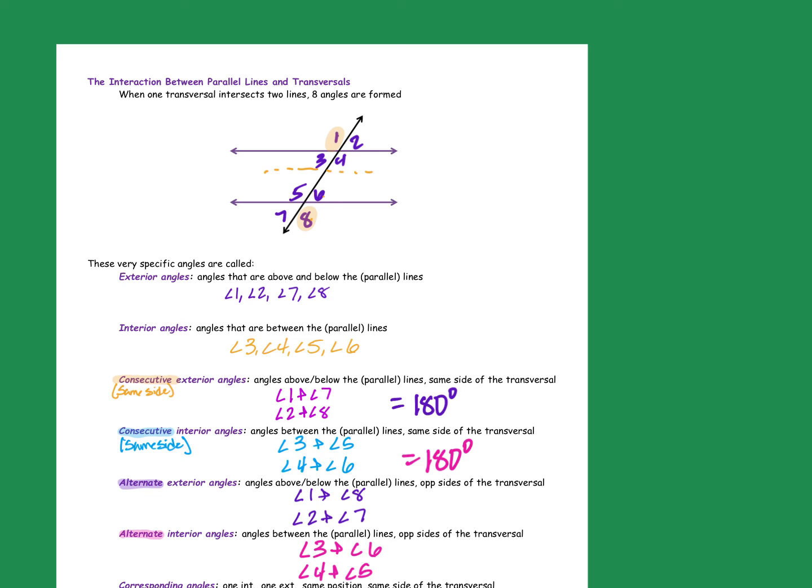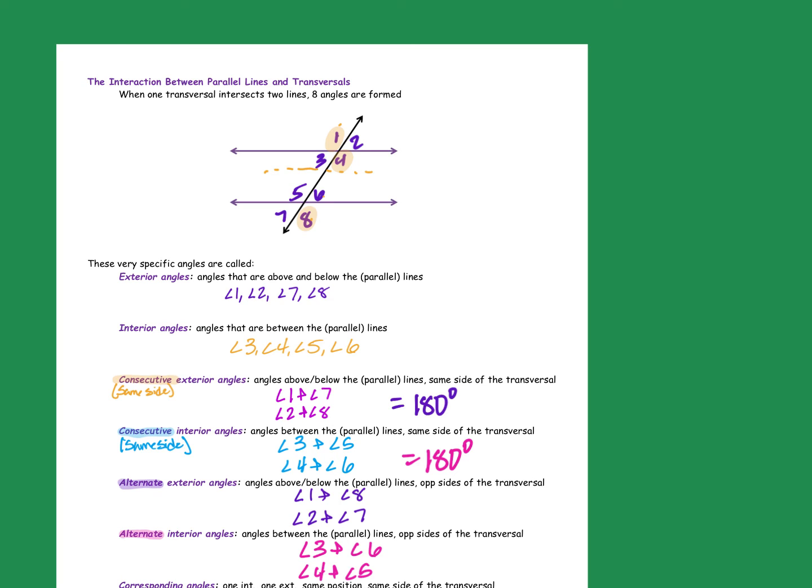What other angle does number 1 equal if I slide it up? Number 1 equals 4. It does equal 4 by vertical angles. Good. So 1 and 4 are equal. Very good.